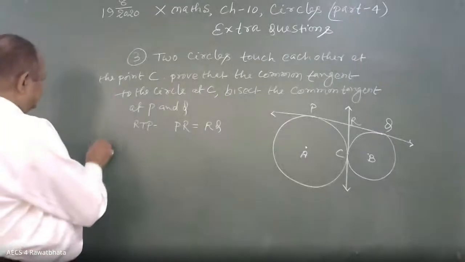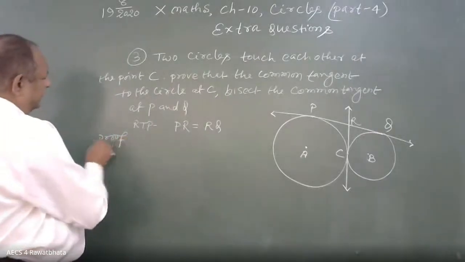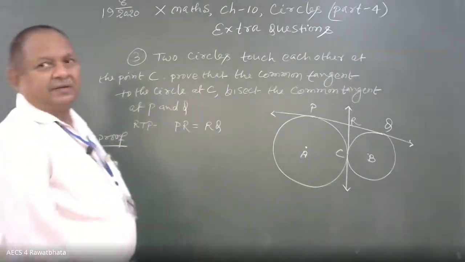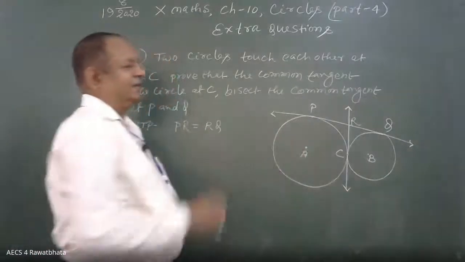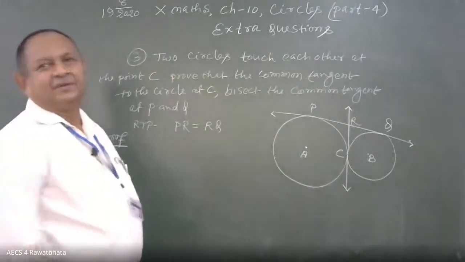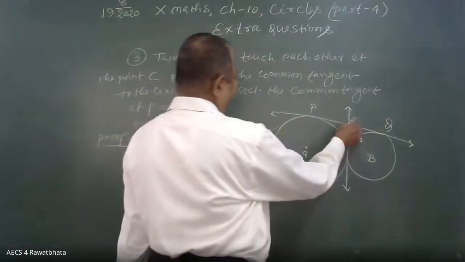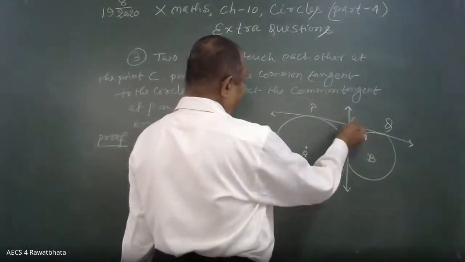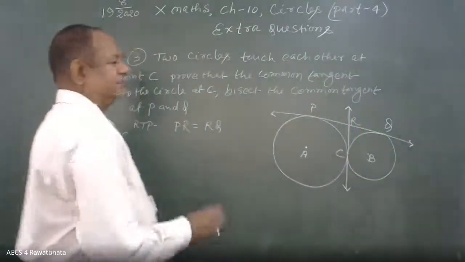Now proof. In the bigger circle, RP is equal to RC.